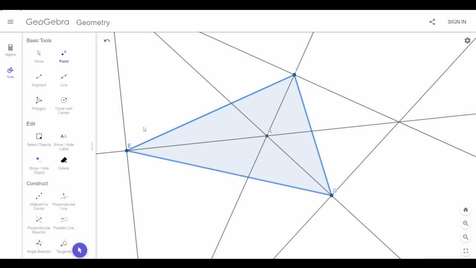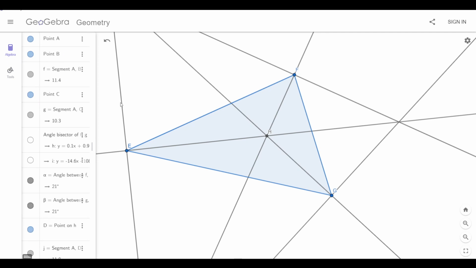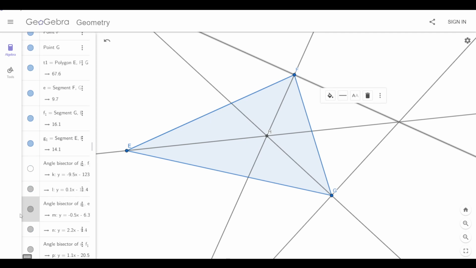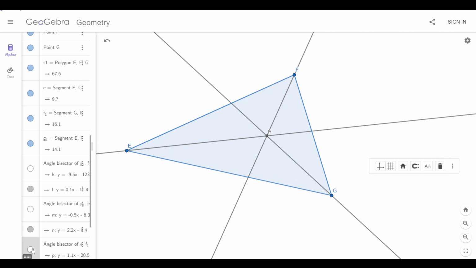All right, so let me do this. Let's find this line. Let's see where that is. There it is. Okay, I got rid of this. Let's get rid of this, and this one. Just watch.